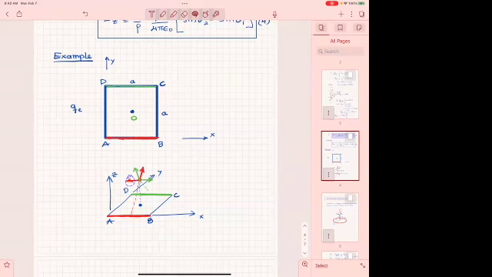Which means these two practically will give us a contribution. And because they are like this from the z-axis, all right, they create an angle, and then they are symmetric. These two will give only the z component.